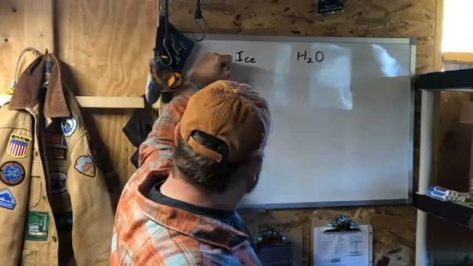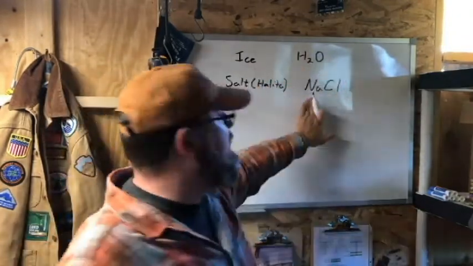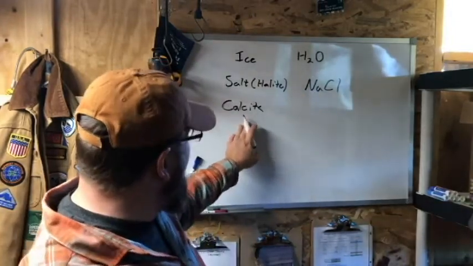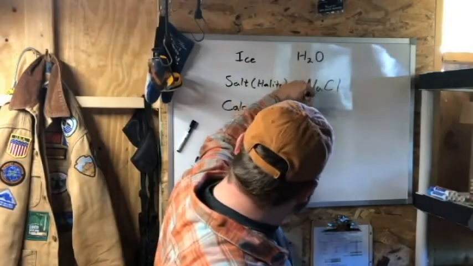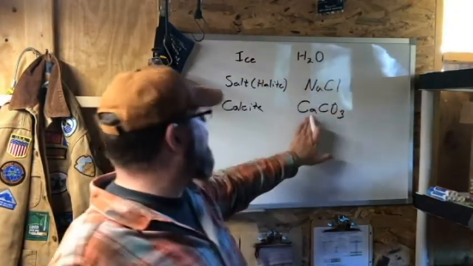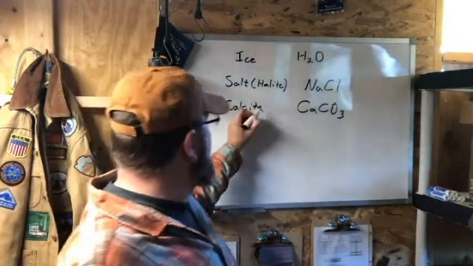Table salt, or what geologists call halite, is sodium and chlorine. Calcite is another common one, and calcite is calcium carbonate. Calcium, carbon, and oxygen. That is a compound.